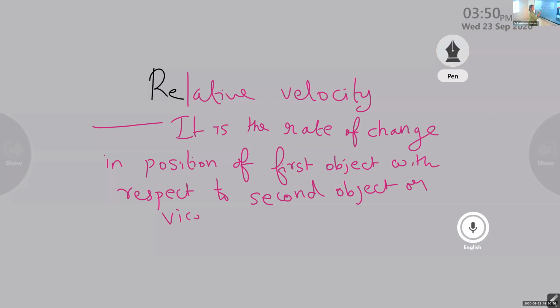Vice versa means the rate of change in position of the second object with respect to the first object.